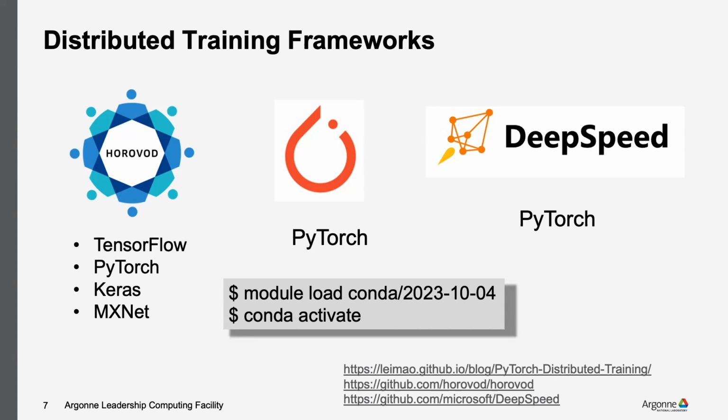It was designed initially for training natural language models. All of these frameworks are available in the module I listed here. If you load the module and activate this environment, then you have Horovod PyTorch, DDP and DeepSpeed. If you want to learn a little bit more about the implementation, you can check the link here.